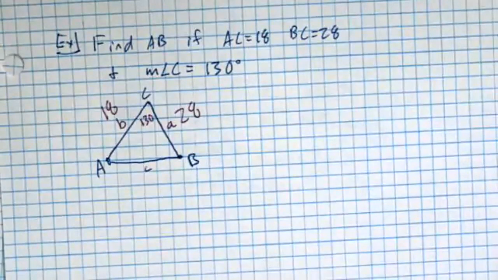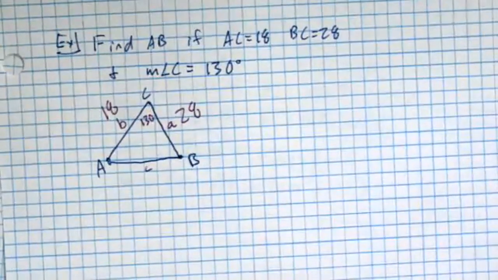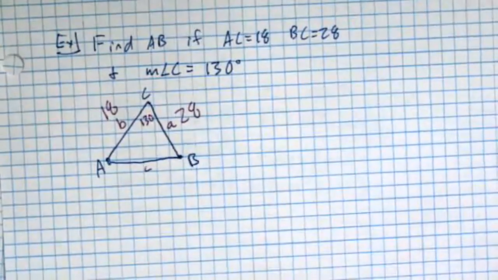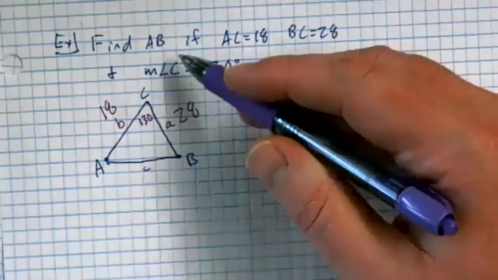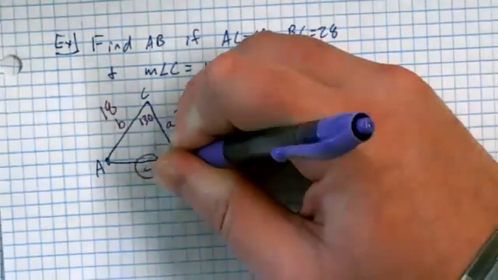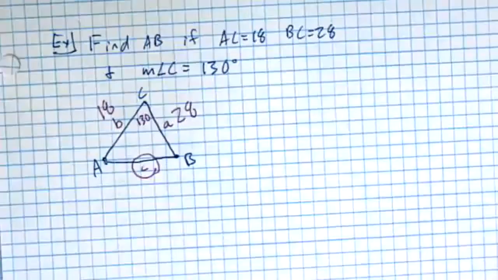So thinking back to geometry, which of our congruence reasons could we use here? This looks like side angle side to me, right? And that's kind of a clue that we can use law of cosines. They're asking us to solve for AB. They're asking us to solve for that value, the value of c.